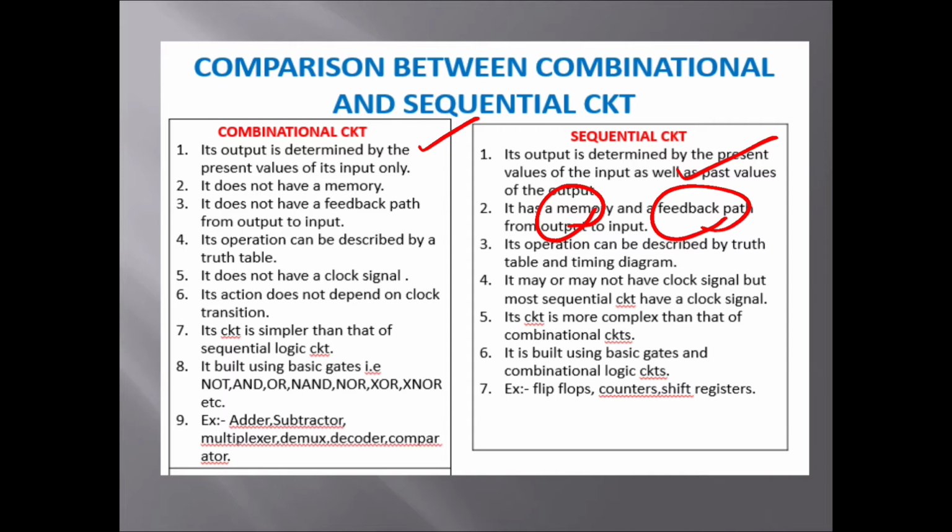A combinational circuit is simple, or simpler than a sequential circuit, while a sequential circuit is somewhat complex as compared to a combinational circuit.